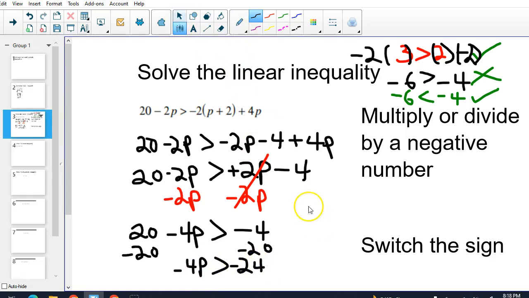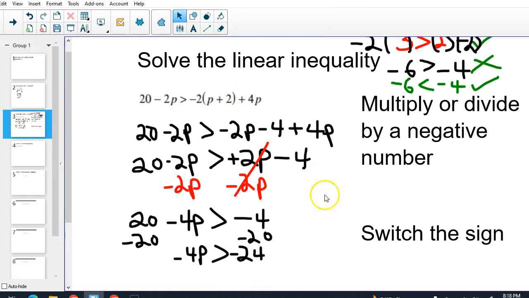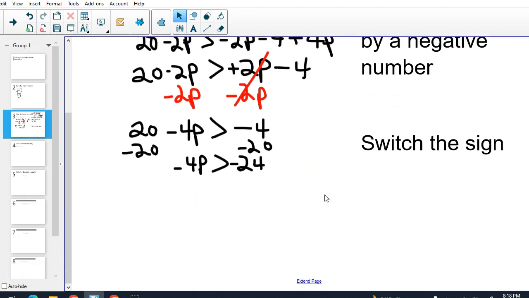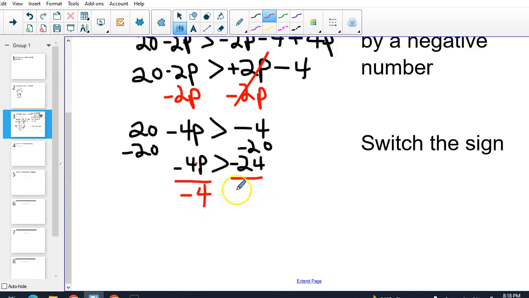Let me scroll down a little bit to get a little more space. All right, now I want to get this p by itself. Negative 4 and p are multiplying, so I'm going to divide by negative 4 on both sides. And notice, since I'm dividing by a negative number, my sign is going to switch directions.